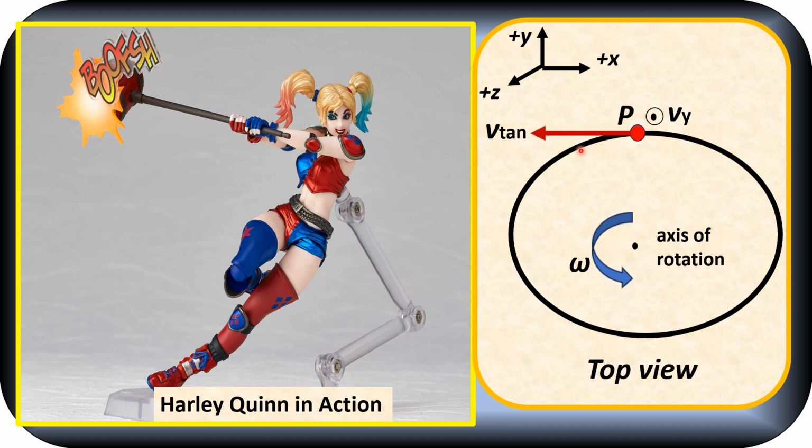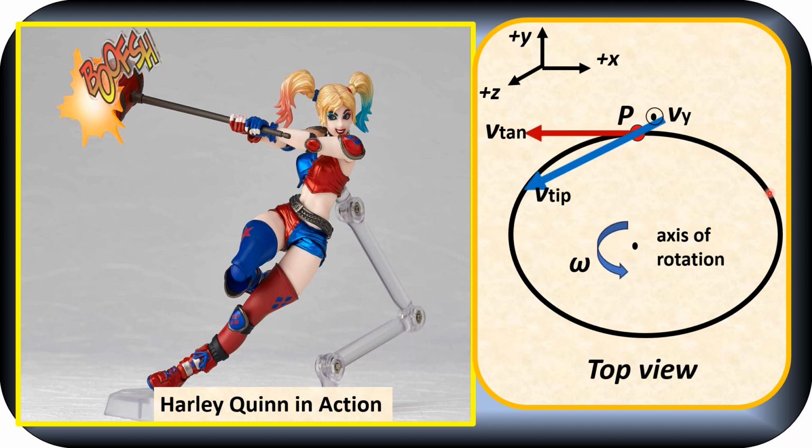In this top view sketch, v sub y is directed toward the reader as emphasized by the dot symbol, or we say v sub y is directed into the positive z-axis. The resultant velocity of the particle, denoted here by v sub tip, because we're talking about the velocity of the tip of the hammer, assumed to be a particle.